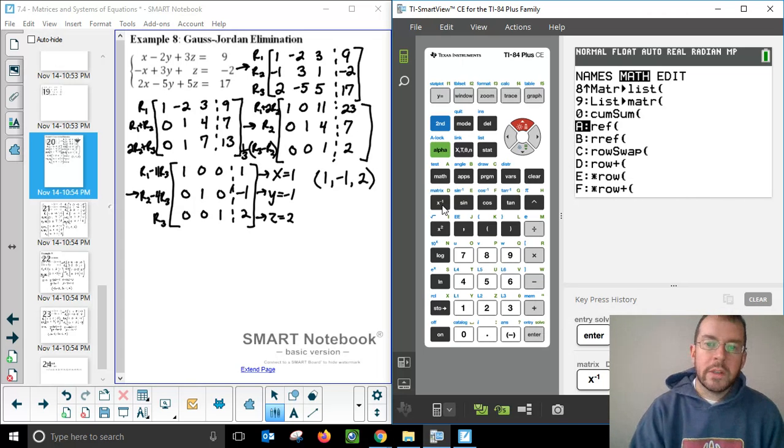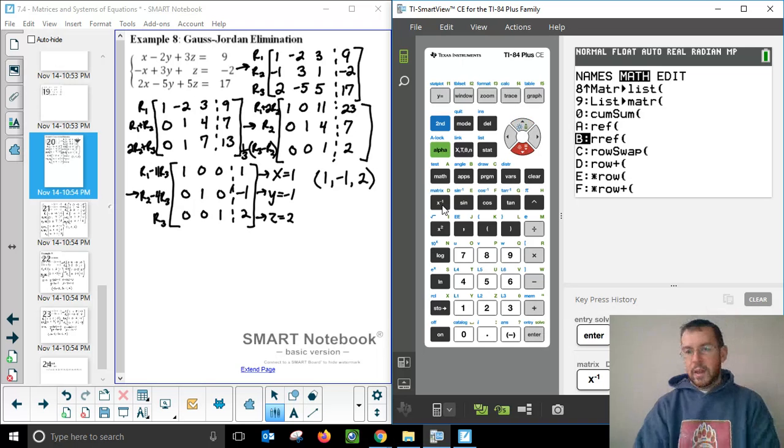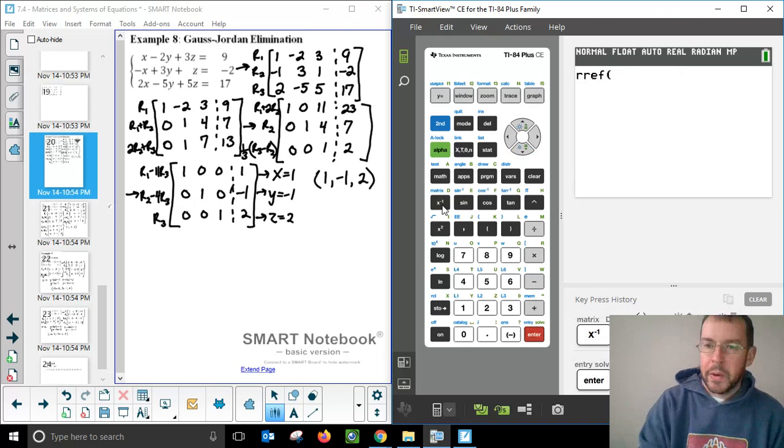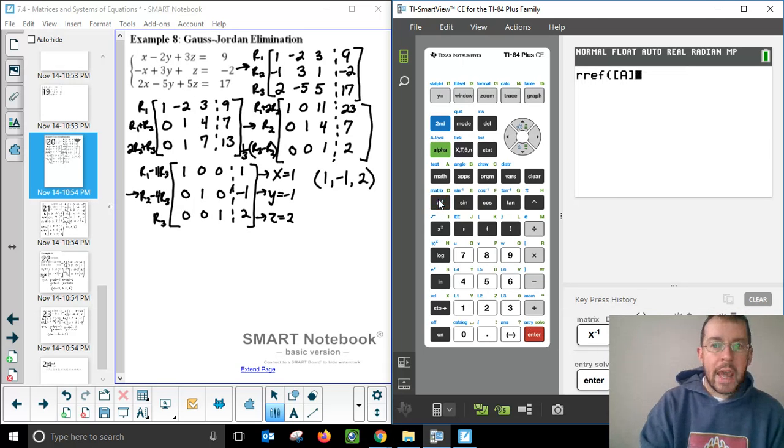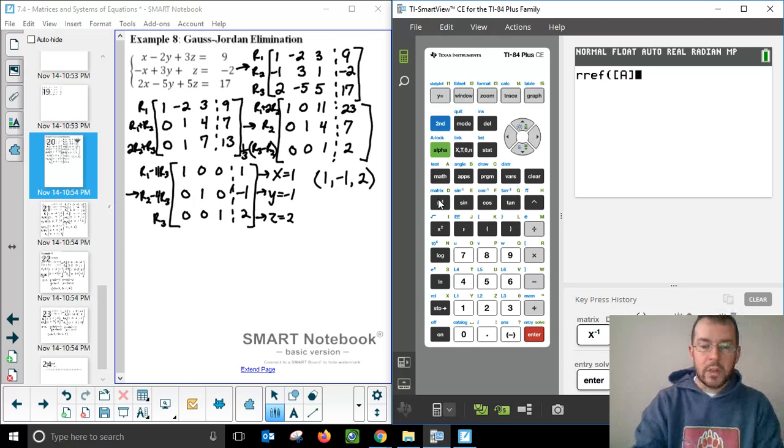All right, you can also come up here, obviously REF is just row echelon form, but why not take it all the way to reduced row echelon form if we're going to let the calculator do it. So you hit enter on that, it pulls it out to your main screen. All right, you go back to your matrix menu, and under the names column here, you hit enter on A, because that's the matrix that we want to put in reduced row echelon form.